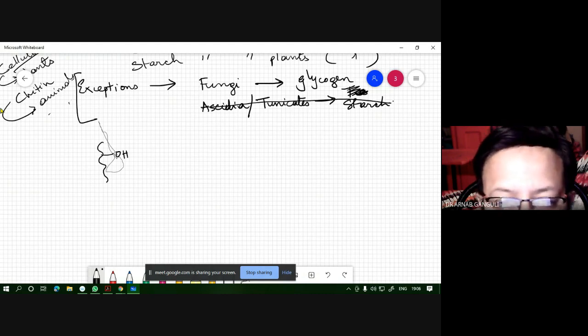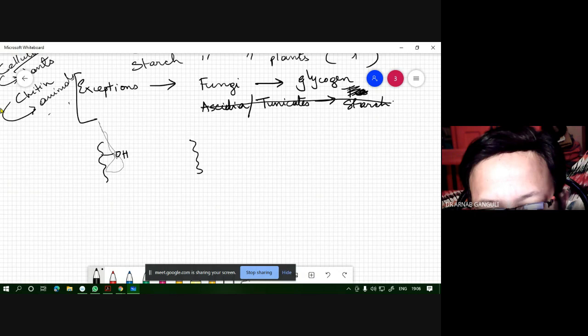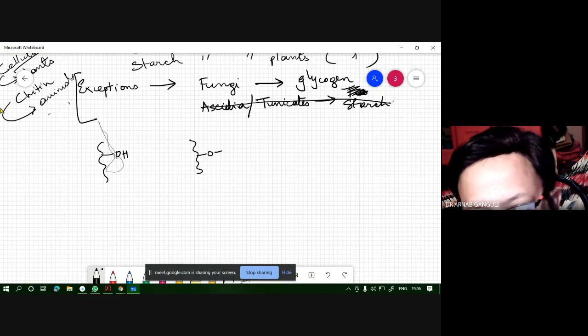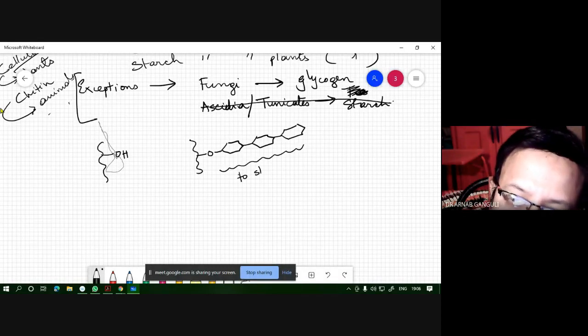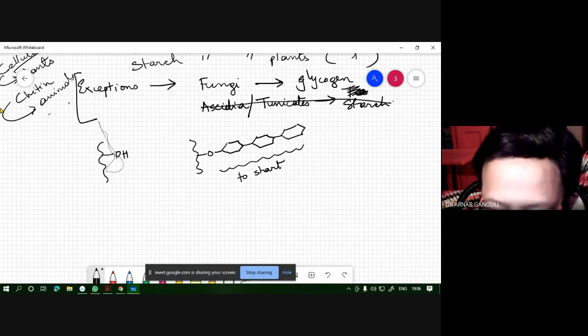So you really need to have something like one residue of this glucose. UDP has gone out, to start.